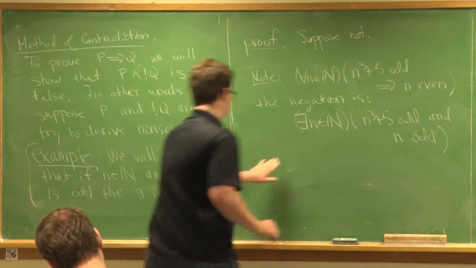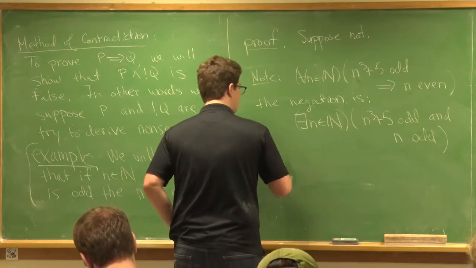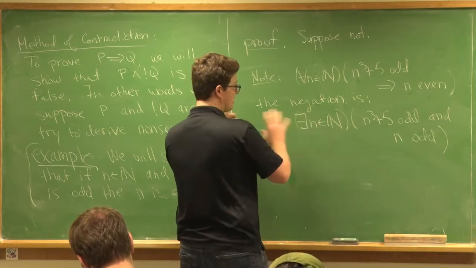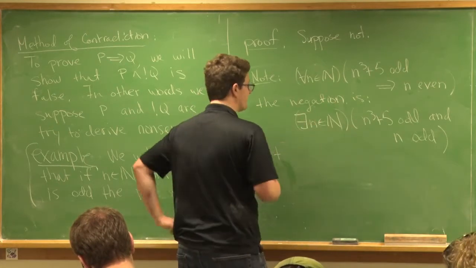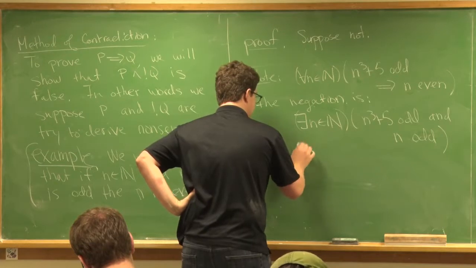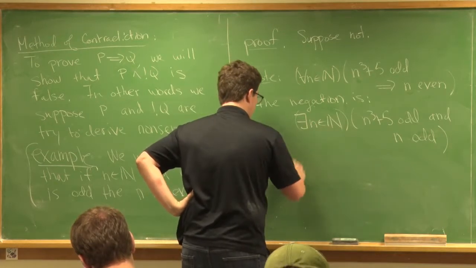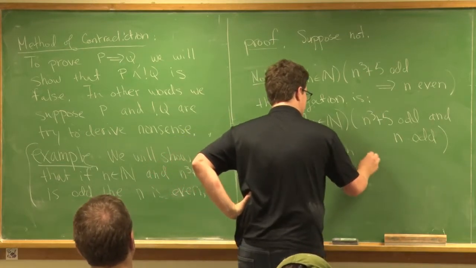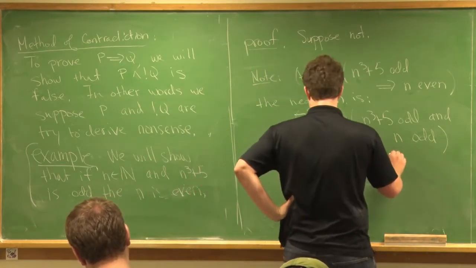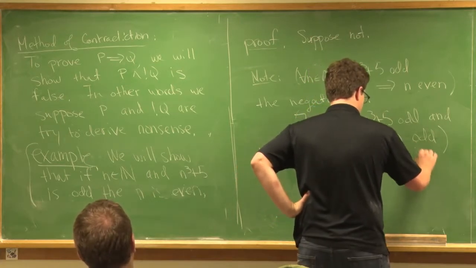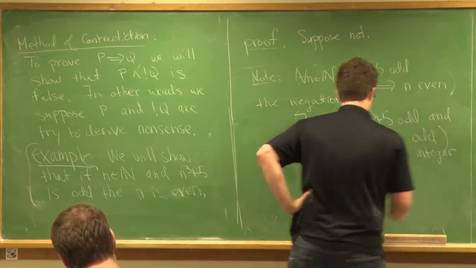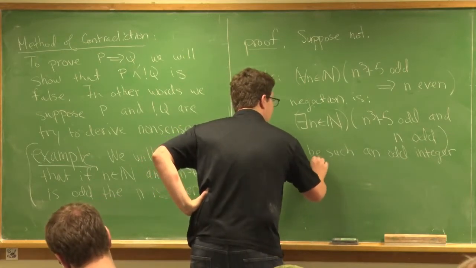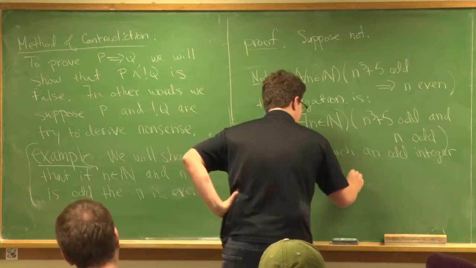Okay, so now what we're going to do is we're going to take this negation and we're going to derive a contradiction. So we're going to show that this is false. Okay? So since there exists one, let m be such an odd integer with m cubed plus 5 being odd.